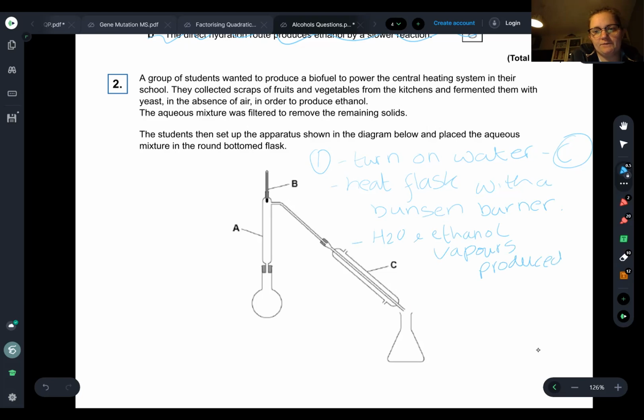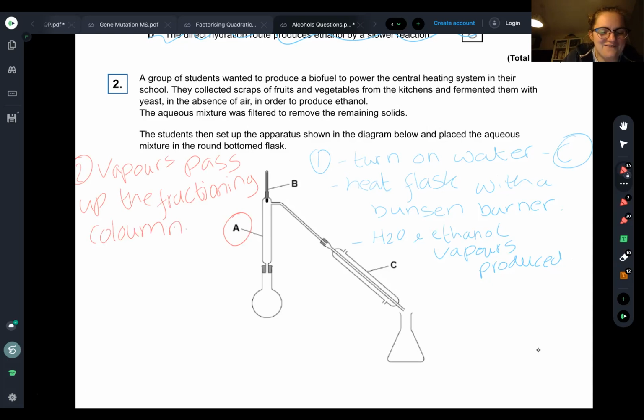Let's look at stage 2 then. So the vapors are going to go up A. So this is where we're going to say what A is. So 2, and that is obviously our fractionating column. So vapors pass up the fractionating column, capital N, and water and ethanol are going to be separated in the column.